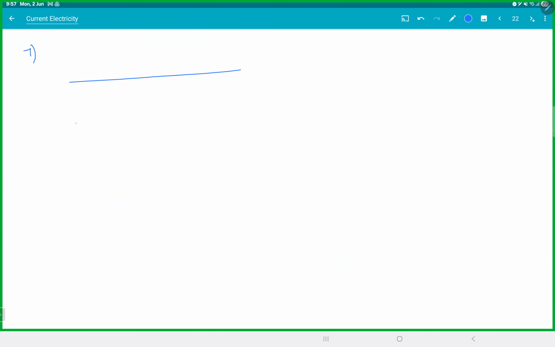So we have a composite wire. Composite wire meaning it's a wire made of 2 different wires. Matlab you took a copper wire and a steel wire and you connected them. So the left wire's resistivity is ρ1 and the other is ρ2.